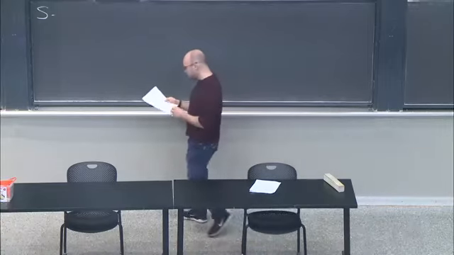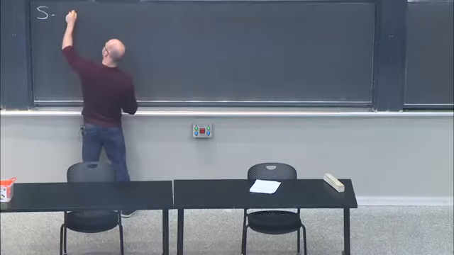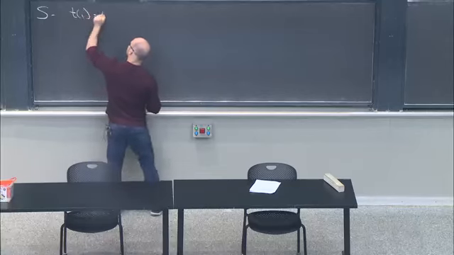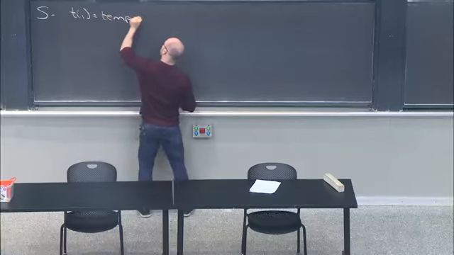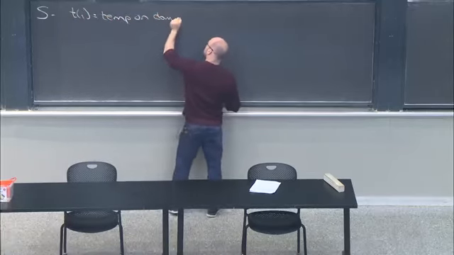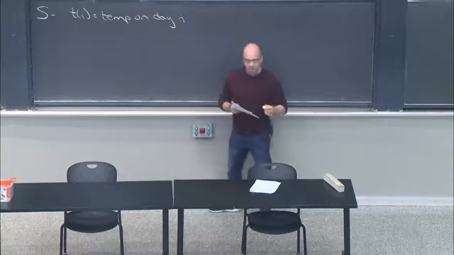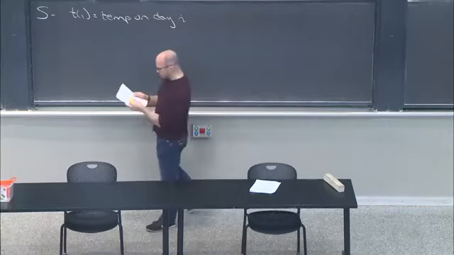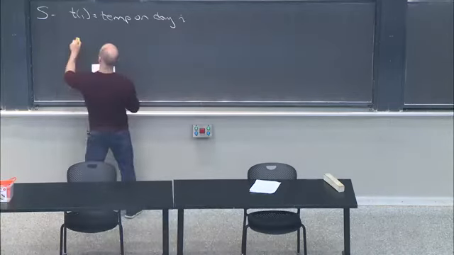Okay, so in particular, just to add a little bit of notation, let's say that T of i is equal to the temperature on day i. And now we're going to make a new thing, which is going to be the actual variable we want to compute.